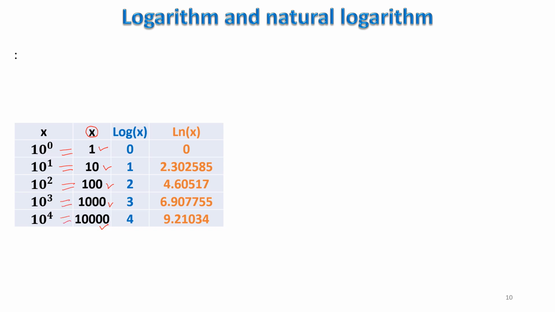Now I am fascinated by this number 0, 1, 2, 3 and 4, which actually represents these large values. So logarithmic function is the one wherein we can represent a number like 10,000 by 4.